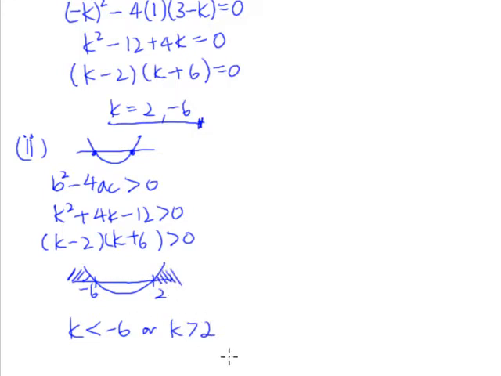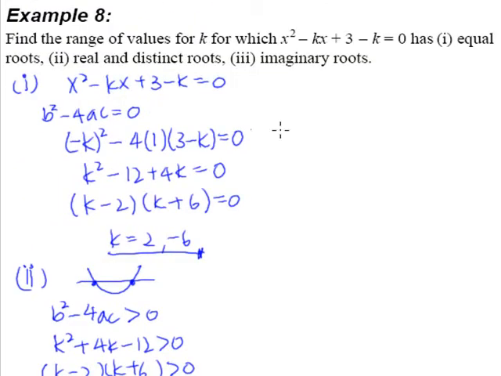What our answer means is that when k is greater than 2 and we substitute in k, we will get b squared minus 4ac to be greater than 0. Now this curve has got nothing to do with the original curve.